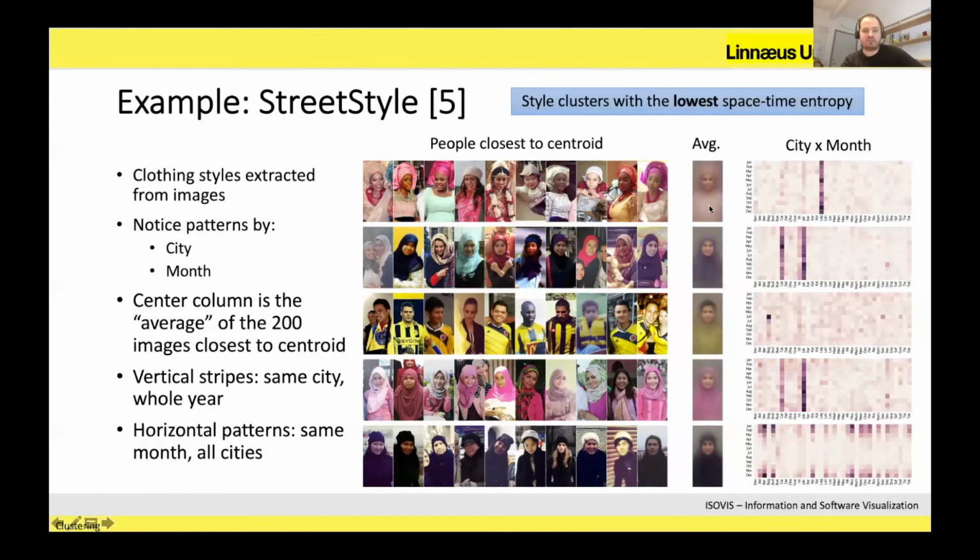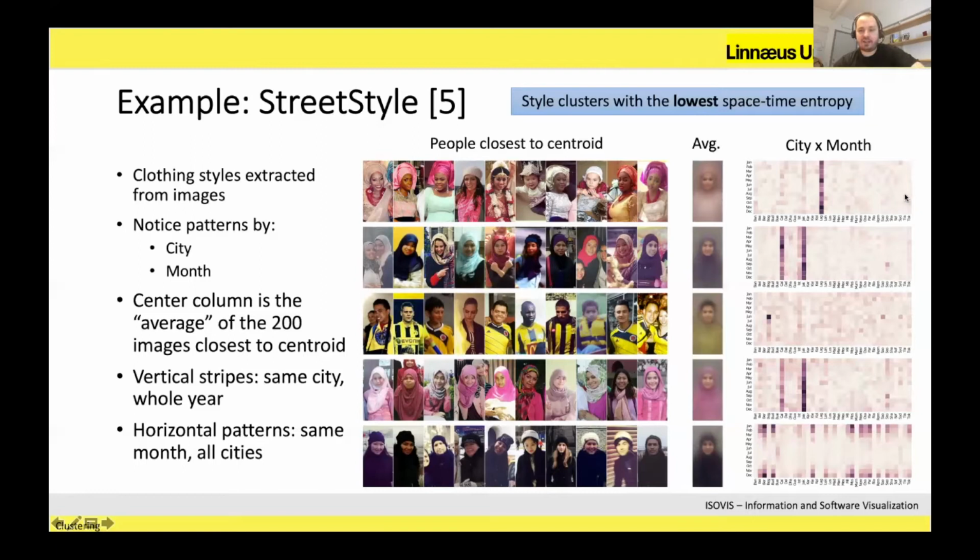As you can see, on average they're using very light colors, light pink or something, and it's almost like they're smiling in general, because this picture here looks like it's smiling. So that's one way to describe your clustering.